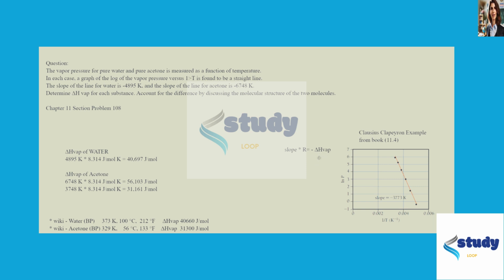Now, if you plug the numbers that they gave us in, we get a heat of vaporization for water of 40.7 kilojoules per mole. And using the numbers they gave us, you get a higher heat of vaporization for acetone, 56.103 kilojoules per mole or whatever.